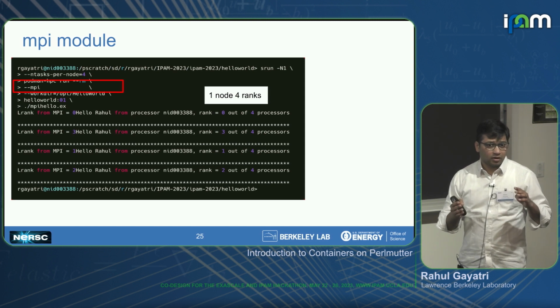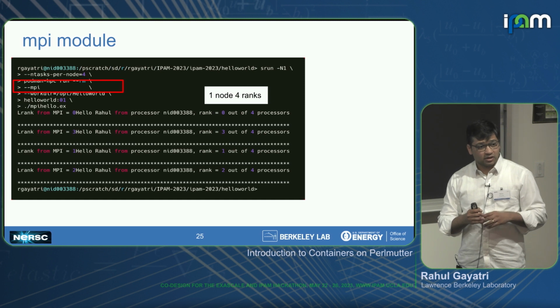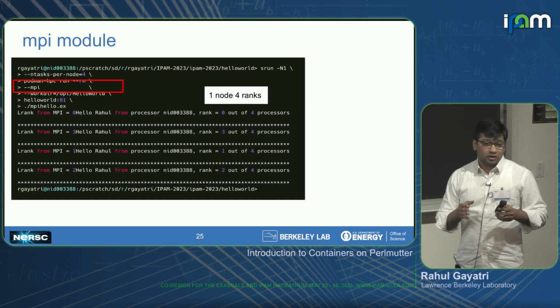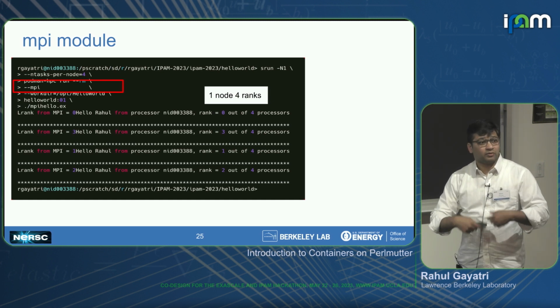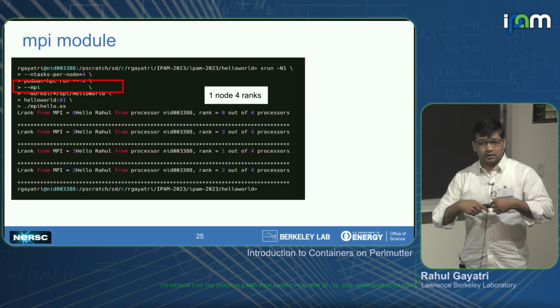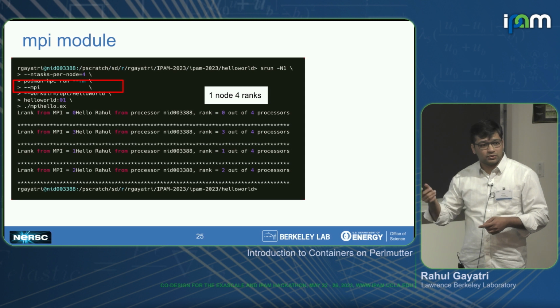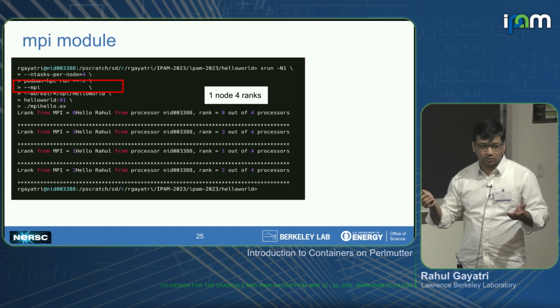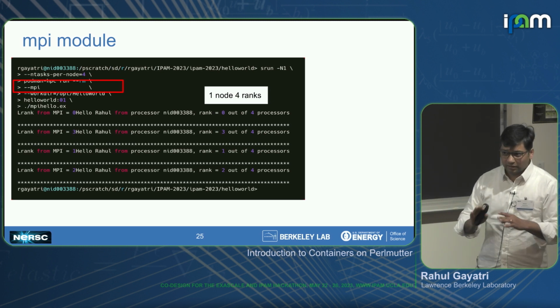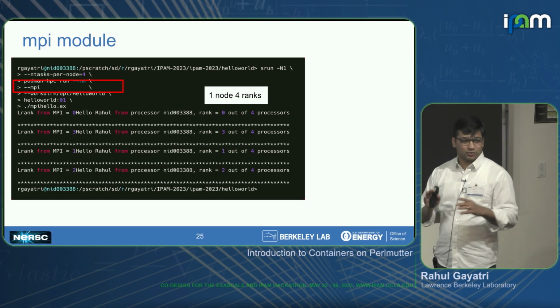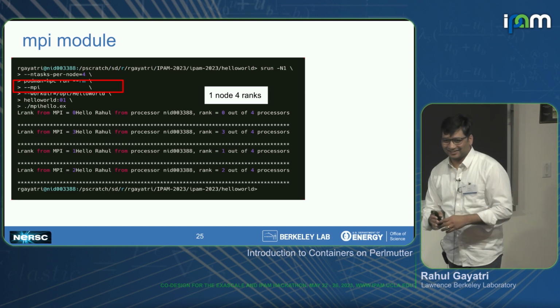If you build your MPICH inside your image, unless you do everything by hand, like building the libfabric and the PMI stuff yourself, you cannot use the MPI that you have built inside your image. So it's better to just use the one that Cray MPICH has, for now at least. I'm always finishing my sentences with "for now." So, yeah.